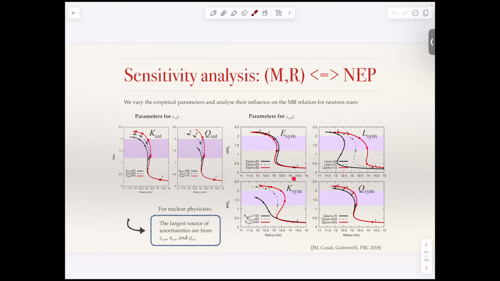You can do the same thing with the curvature of the symmetry energy. So you see that it has a big impact. But for instance, if you continue the expansion, you would say, well, maybe the skewness of the symmetry energy is also very important.